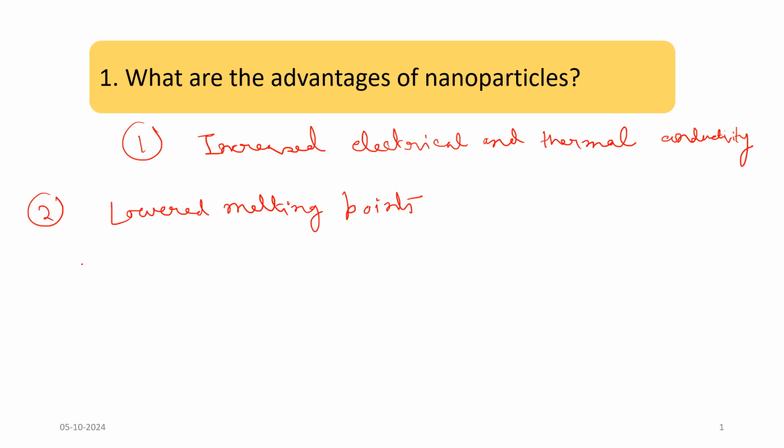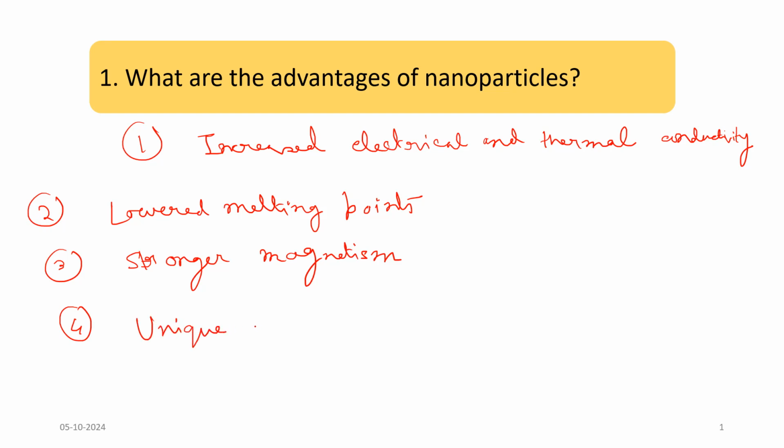Third one, stronger mechanism or stronger magnetism. Fourth one, unique optical properties. And there will be many along with this. So these are the basic advantages of using nanoparticles.